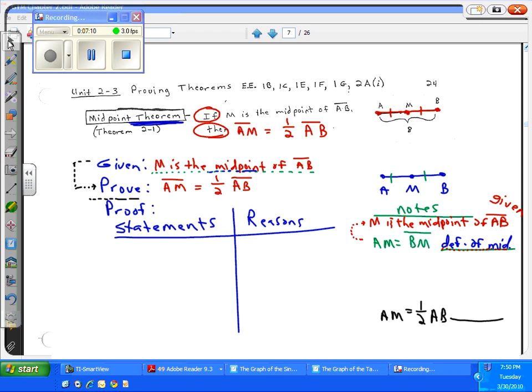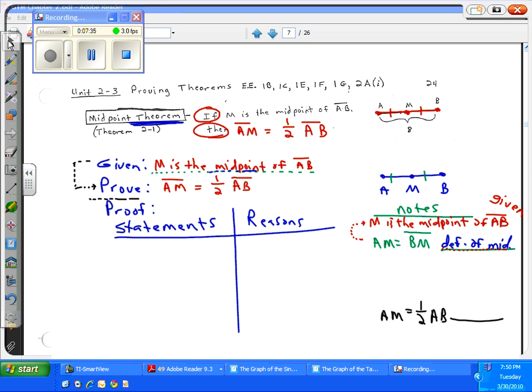We had the definition of a ray and opposite rays. We had an angle, and we had congruent angles. Congruent angles, that's two angles that are equal. So that says something's equal. And then we have the definition of a midpoint. That says that two things are equal. And then we have the definition of an angle bisector. That says that two things are equal.